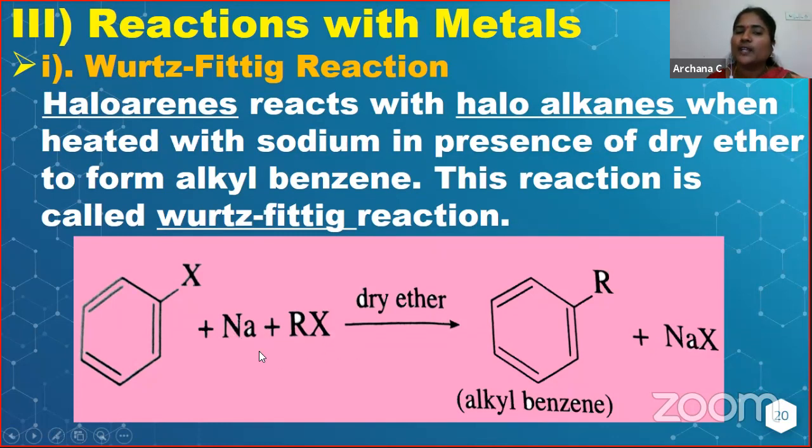That is called the Wurtz-Fittig reaction. One more time: haloarenes react with haloalkanes when heated with sodium in dry ether. This is the Wurtz-Fittig reaction, and alkyl benzene is the product formed.